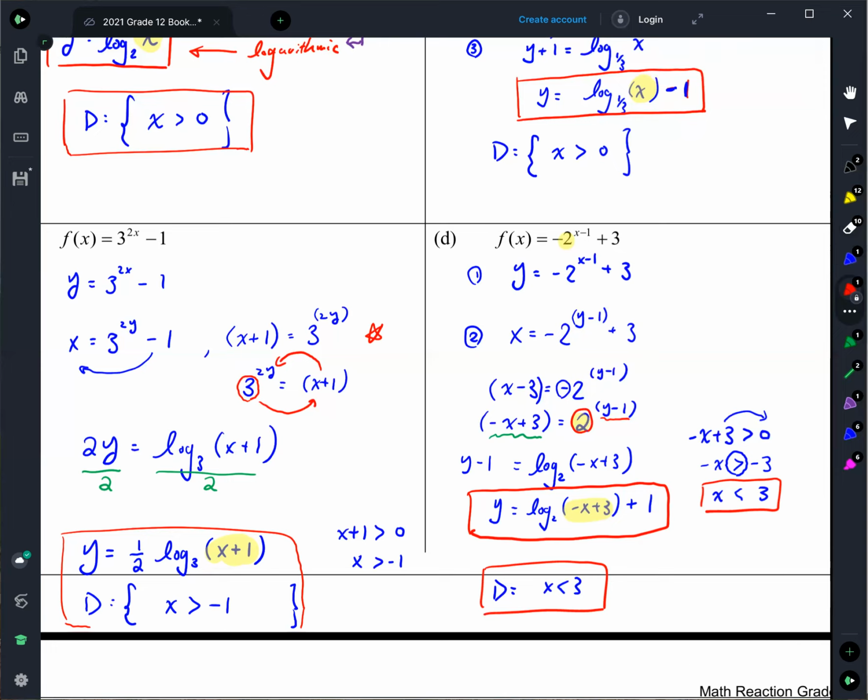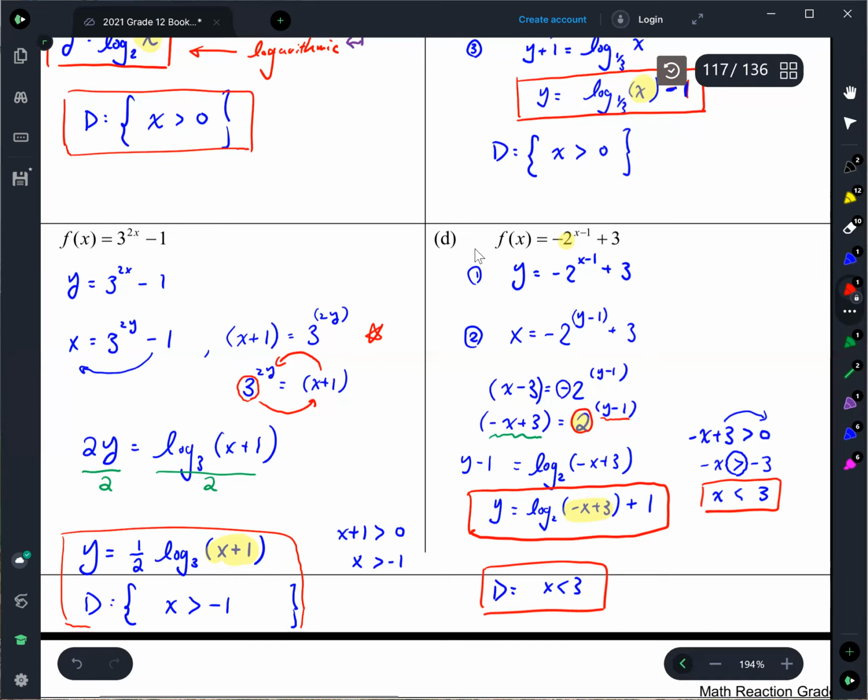All right, so watch out for the base and also watch out for the flipping of the inequality. Everyone, please make sure you write this down. You can raise your hand when you're done.